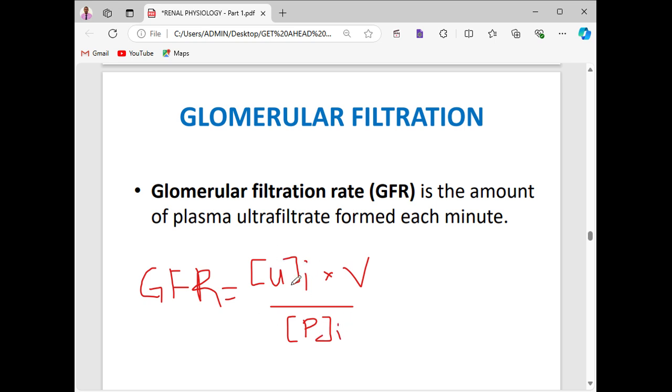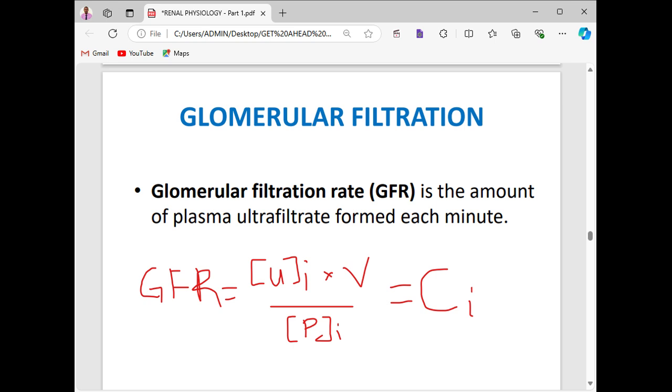This is the formula if you want to calculate glomerular filtration rate. What you find here is what is known as the clearance of inulin. And then now kidneys.